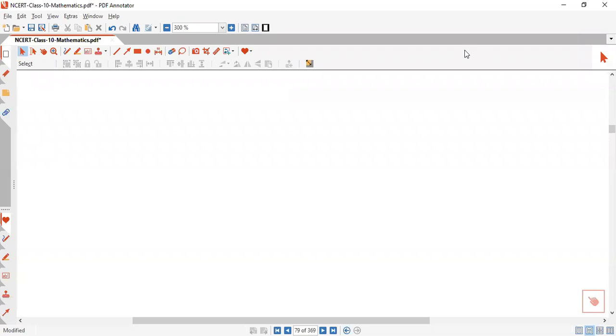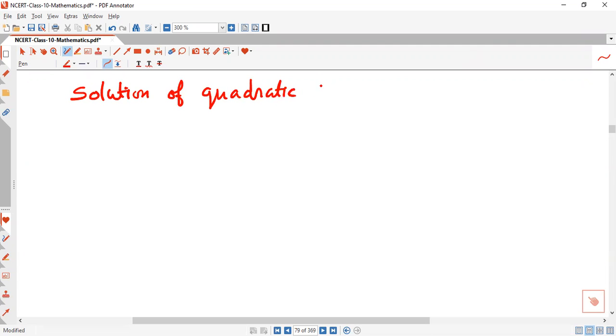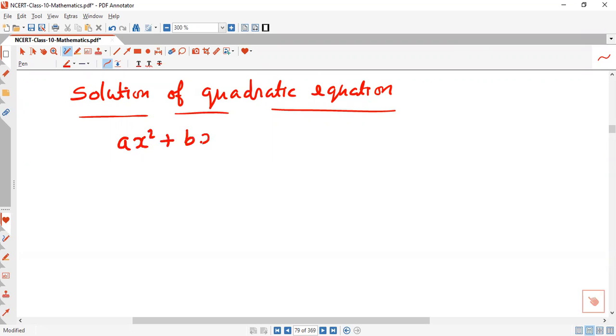Now I want to find out the solution of the quadratic equations. Means solution of quadratic equation. I can find out the solution of this quadratic equation. First, please look here. What is a discriminant? Let's say this is an equation ax square plus bx plus c equal to 0.